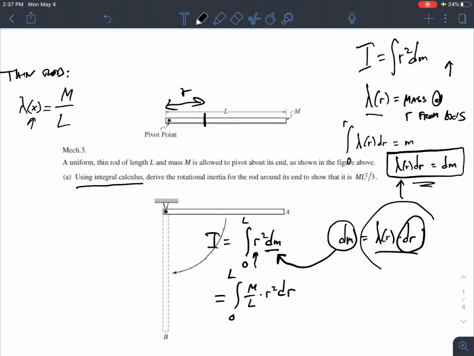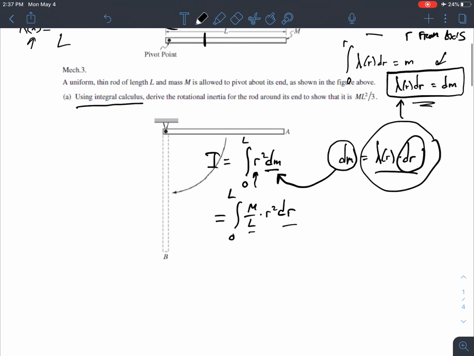So that dm turned into this, and that's going to be the trick every time. So there's the m over L part, and there's the dr part, using this. Okay, so pause that for a second and just kind of hang out with those expressions. Once we have that, then the calculus part's quite easy. And I think it's pretty easy to do this once you get the hang of it. And we'll do a couple examples here.